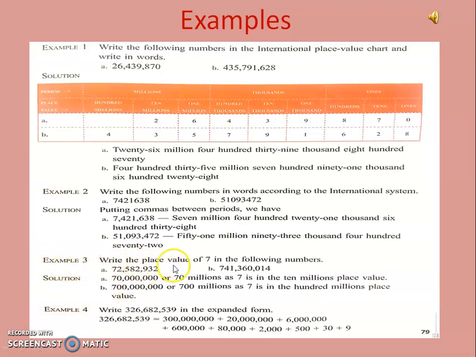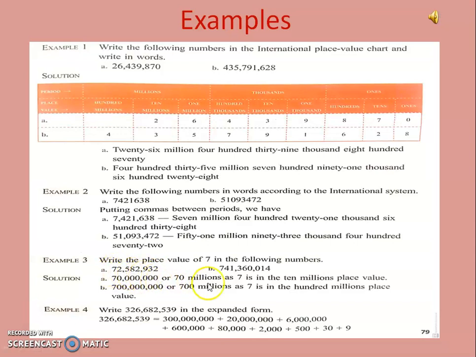Write the place value of 7 in the following numbers. Let's read the first number according to the International System of Numbering. So the number is given here, 72,582,932. So in this number we have to find out the place value of 7.